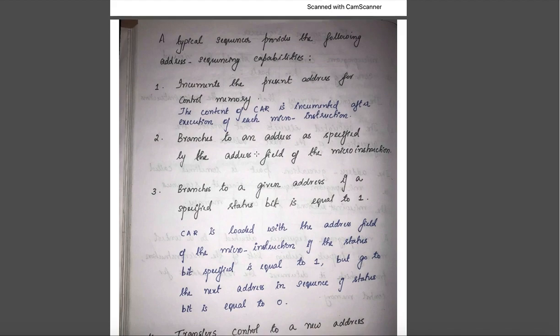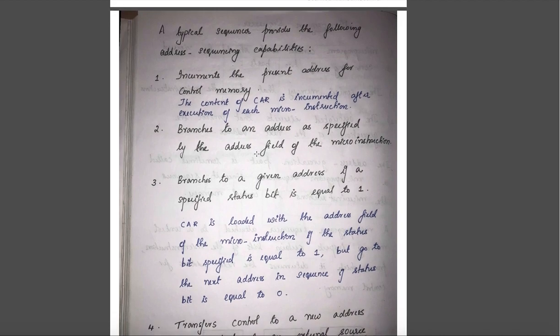A typical sequencer, in order to provide this address sequencing facility, should have certain capabilities. The first one is that it can increment the present address for the control memory. We know that if our control address register, or CAR, is incremented, then it will point to the next micro instruction. So the sequencer should have a facility to increment the present address, which is present in the CAR.